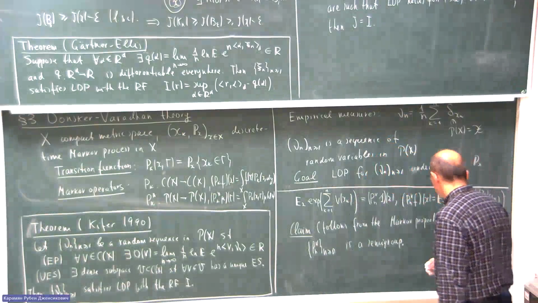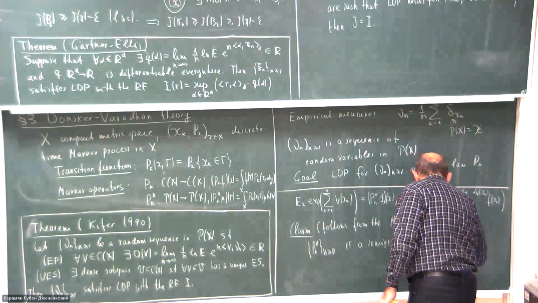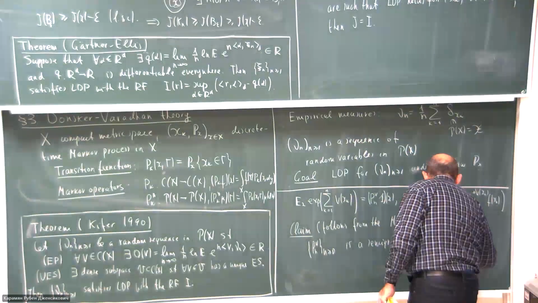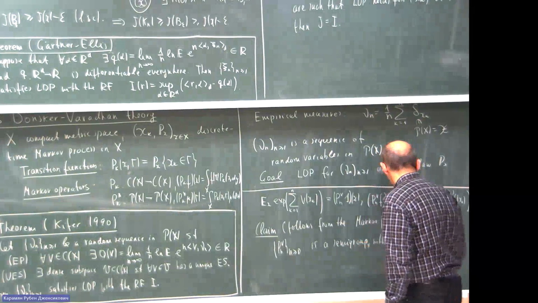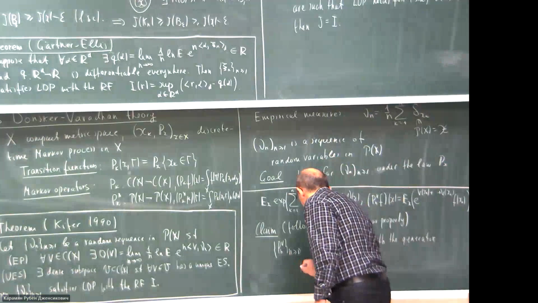And its generator, well, of course, the generator of a discrete time semigroup is just the semigroup at time 1, right?